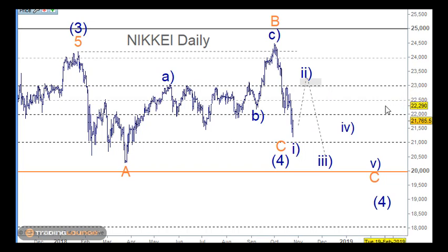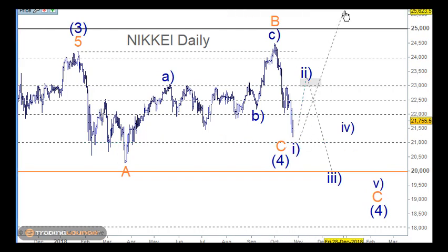And what I'm not sure about at this stage is, do we go down here for 1 and back for 2 here, and down for 3 here, and 4 and 5 for all of this, moving down below this previous low here? Or if we go from this low here and we go up into a new high here.